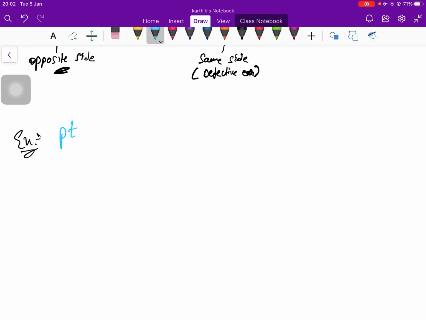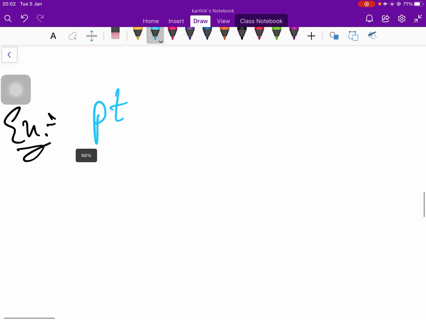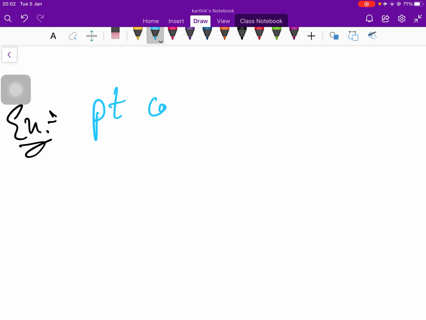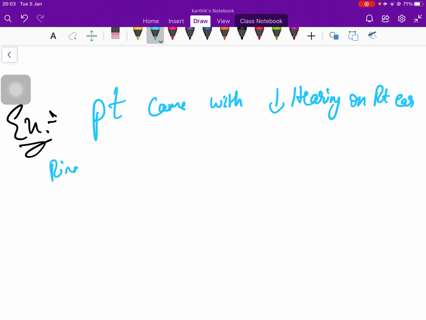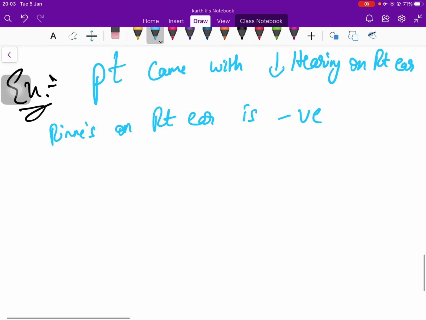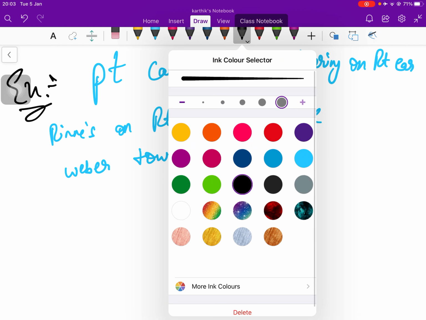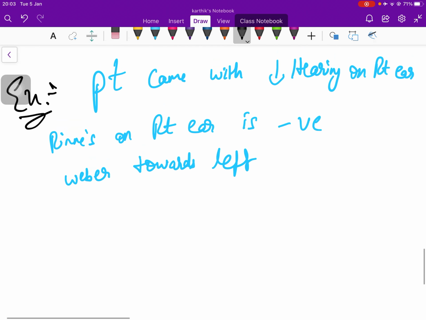Now, first example: a patient came with decreased hearing on the right ear, and when you do the Rinne's test, Rinne's on the right ear is negative, and Weber was towards the left.